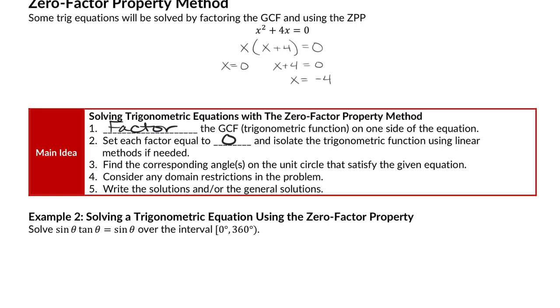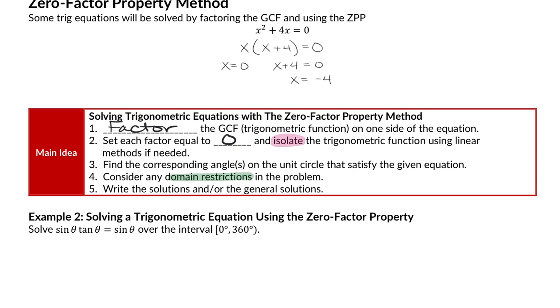So we go back to the steps from the front page where we're isolating the sine or cosine by themselves in one or both of the tiny equations we wrote. Then we find the corresponding angles on the unit circle that satisfy the conditions, consider any domain restrictions, and then write our solutions and/or the general solutions depending on what it's asking for.